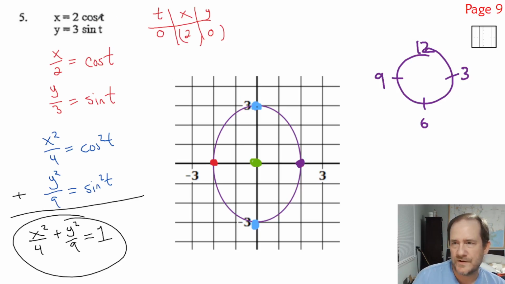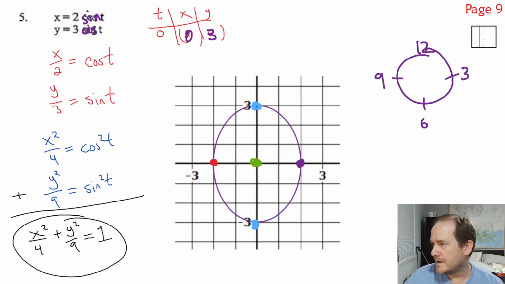The easiest way to start somewhere else is just to make this one sine and make this one cosine, because if I did that, nothing else would change here except for my starting point. Suddenly x would be the equation that starts on its midline, and y would be the equation that starts at its max, and suddenly my starting point would not be over here east. It would be the north one. You'd start up top instead.